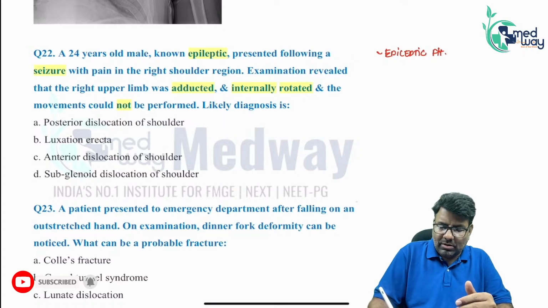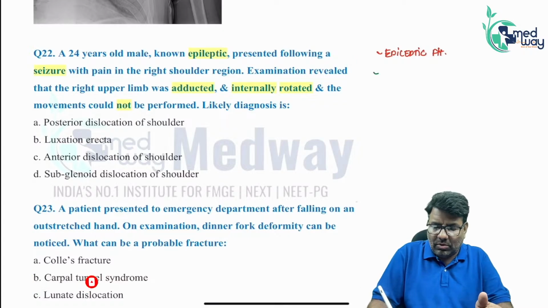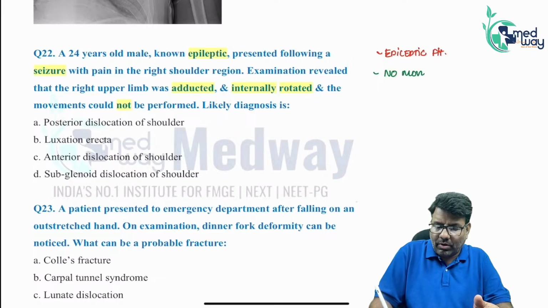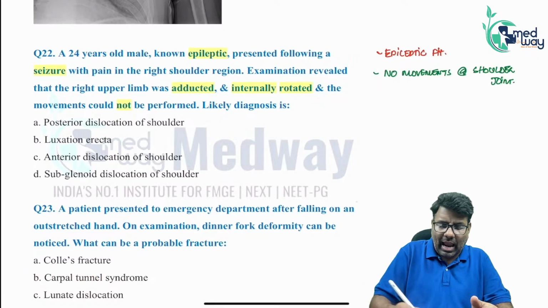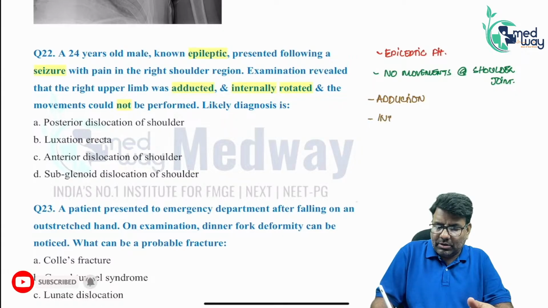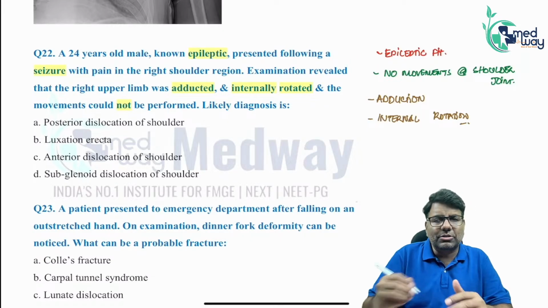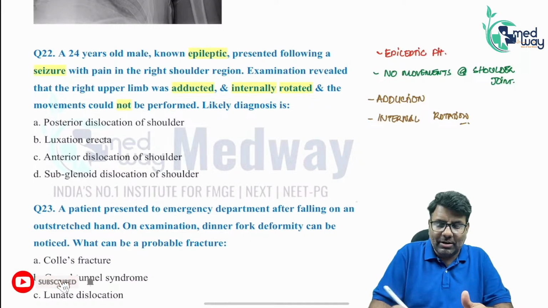Post this, there are no movements at the shoulder joint, and classically the attitude is adduction and internal rotation. So this is very suggestive of a posterior shoulder dislocation.